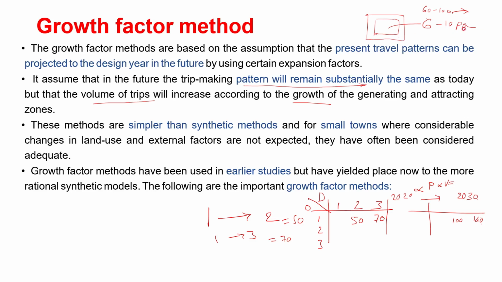For example, if a school, college, or industry comes up in that particular zone, then obviously it is attracting more students or employees. So like this, the growth will be there.